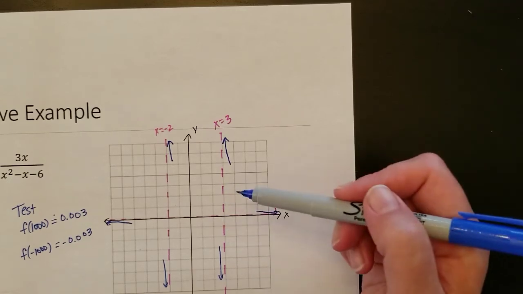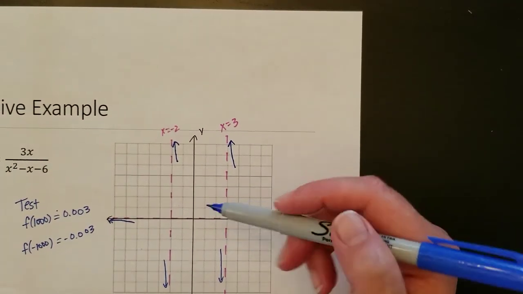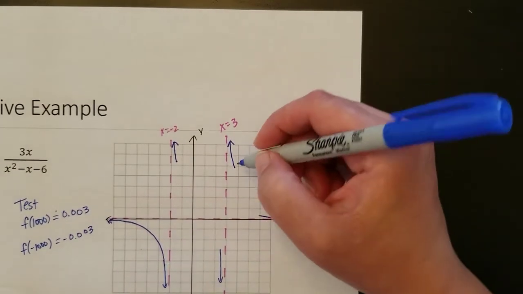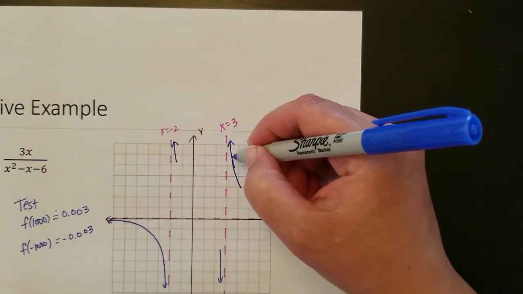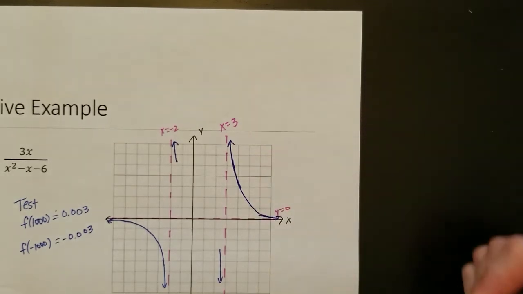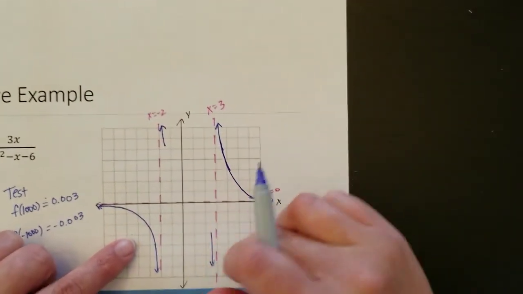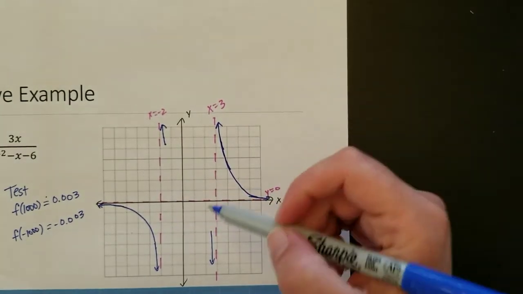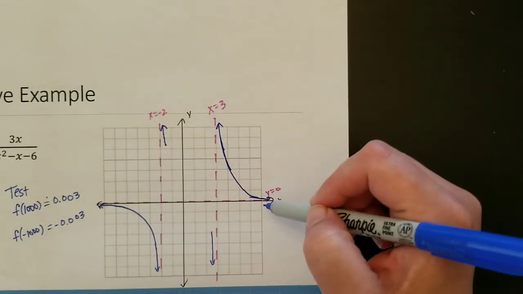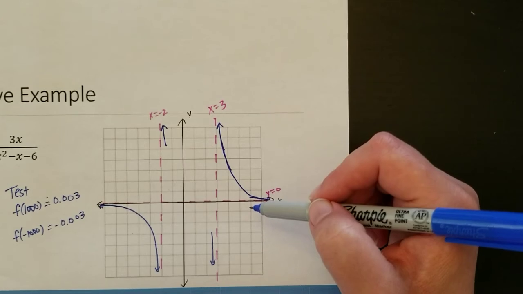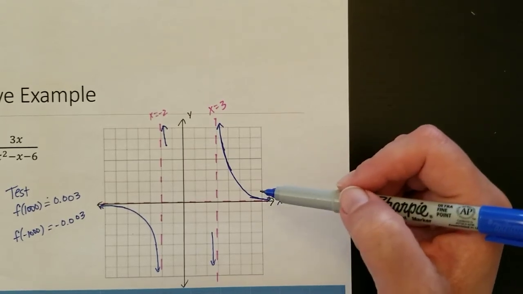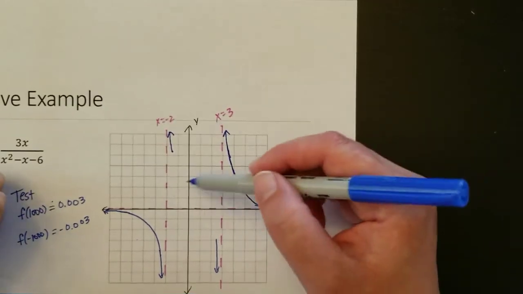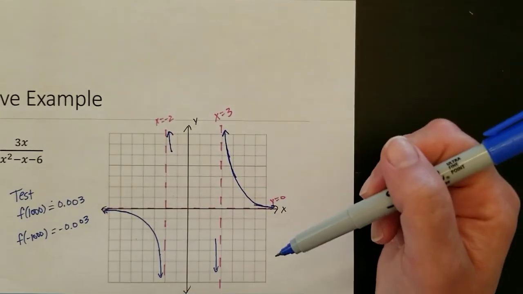One thing that I really want to draw your attention to, I think everybody's probably okay with this section here, and maybe I got a bad angle, but that section there. This middle section, a lot of people get mixed up with not wanting to cross this horizontal asymptote, but you absolutely can cross a horizontal asymptote. It just describes where the function's going to at the ends of the function. In the middle of the function, it can do whatever it wants.